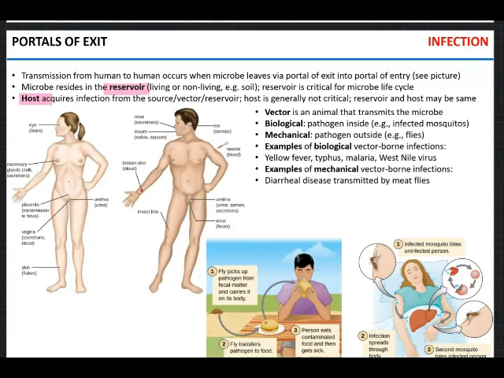Now, usually when we consider infection in the disease, we say, oh, it is in the host. So when a human gets sick with rabies, we are the host, but we're not the reservoir. Am I making sense? For measles, we are both.